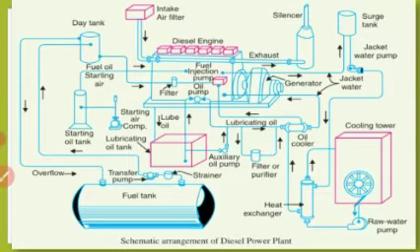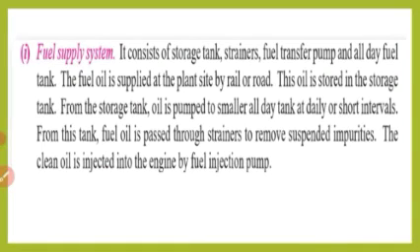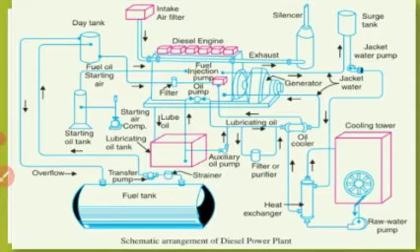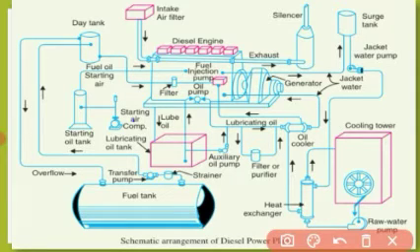Okay, these are the 6 points which I discussed for the explanation of the diesel power plant. All of you have to go through this explanation. I will conclude with this block diagram once again.